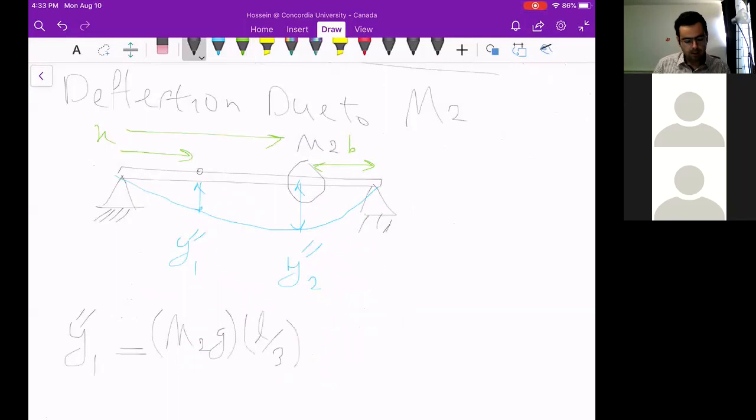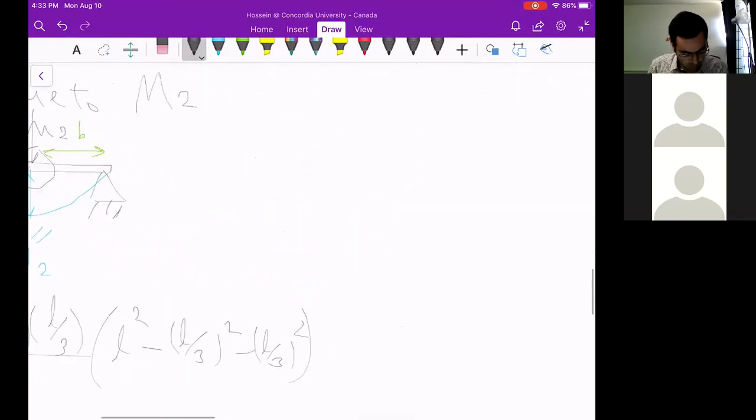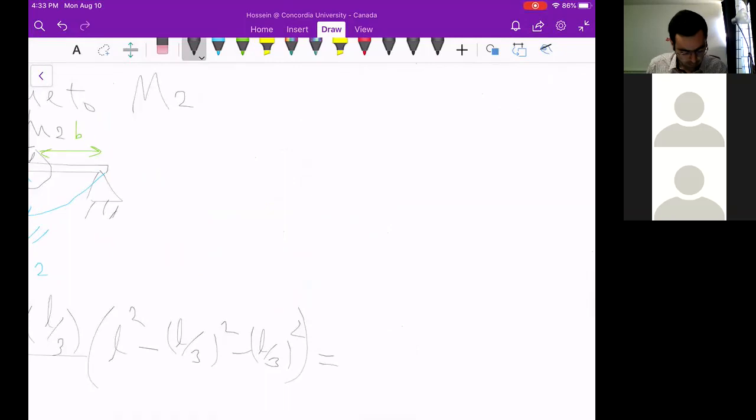B is the distance from the point load to the right, L over 3, divided by 6L EI, multiplied by L squared minus X squared minus B squared. Totally it equals 7 over 486 multiplied by M2GL cube over EI.